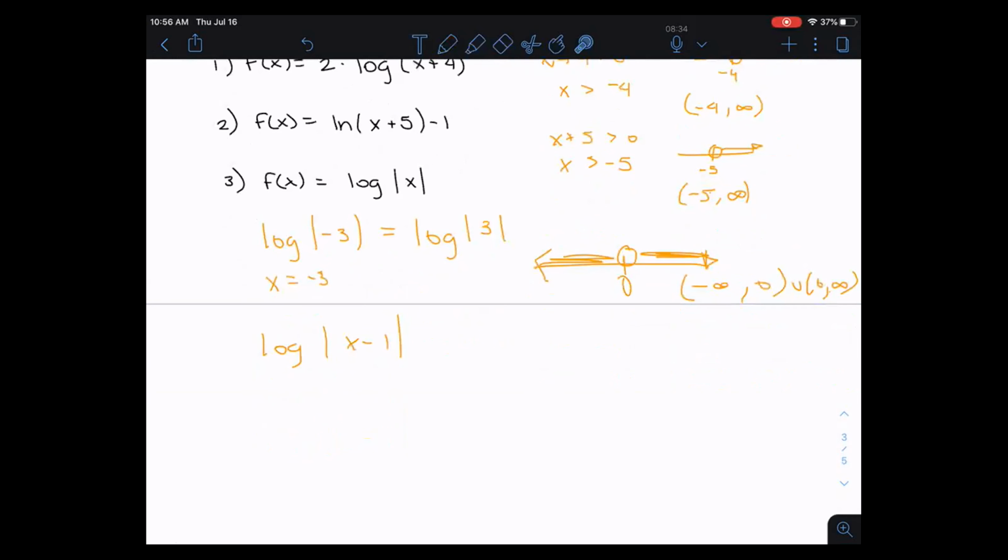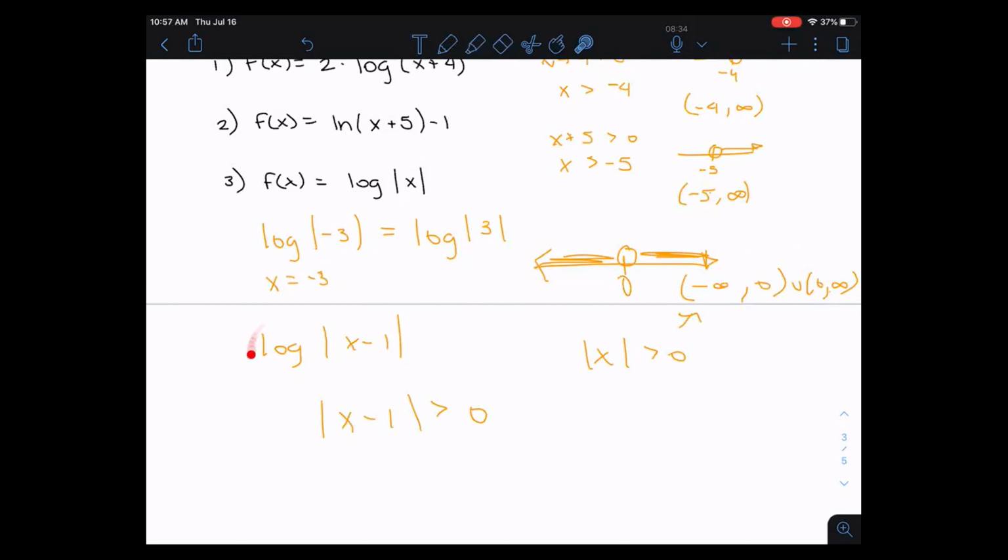For this, it's kind of the same thing. Another way you can think about this goes back to absolute value inequalities. You would set x minus 1 greater than 0. Before, in the earlier example, you could have solved the absolute value of x greater than 0, and that would have given you this.